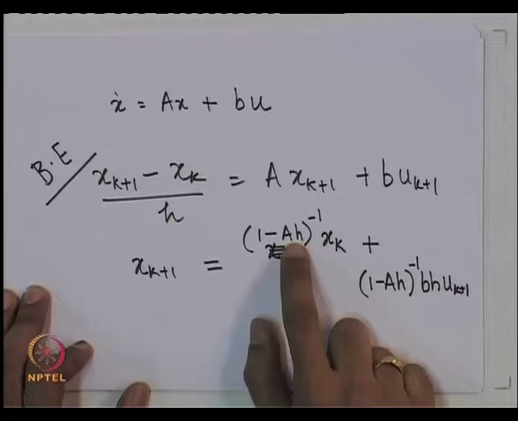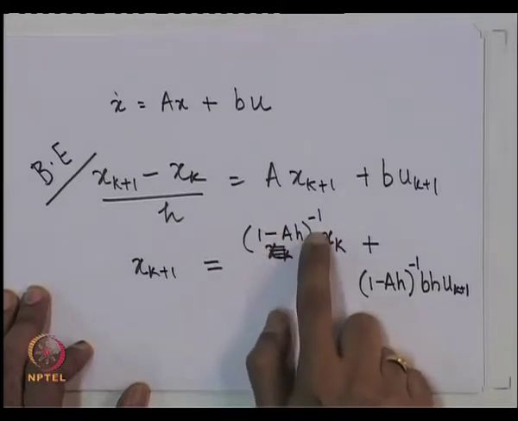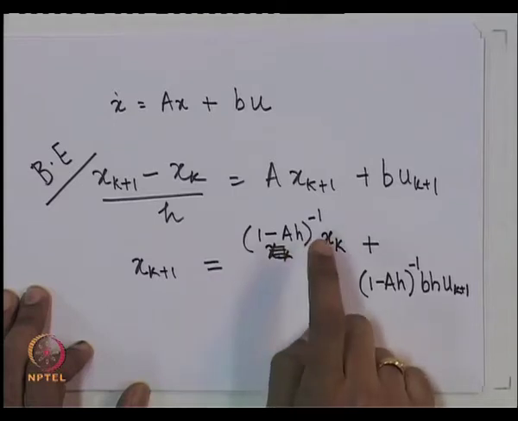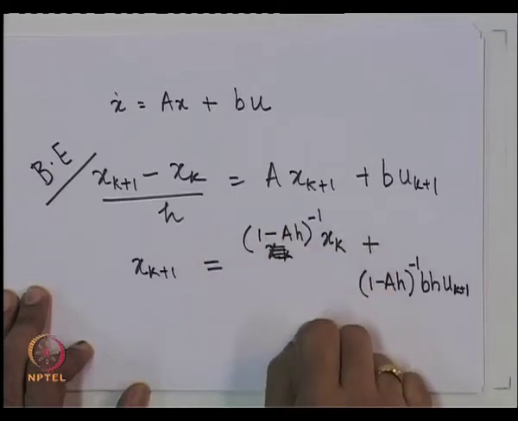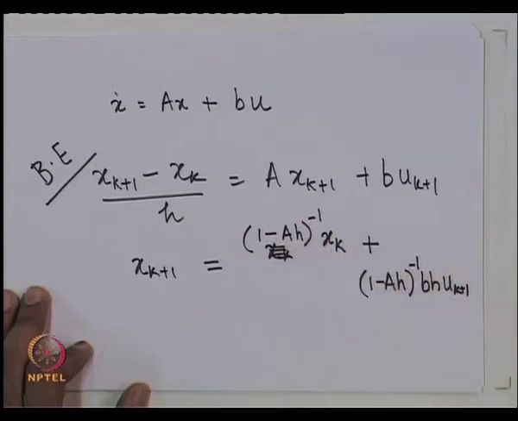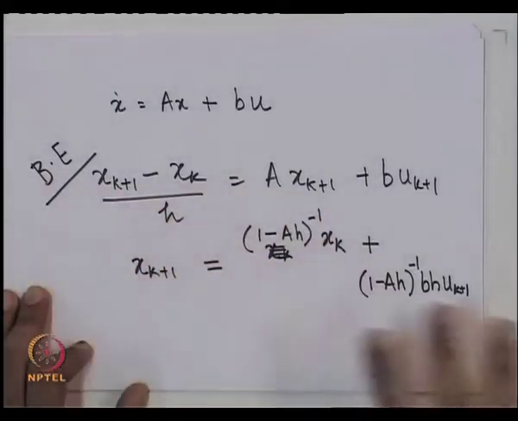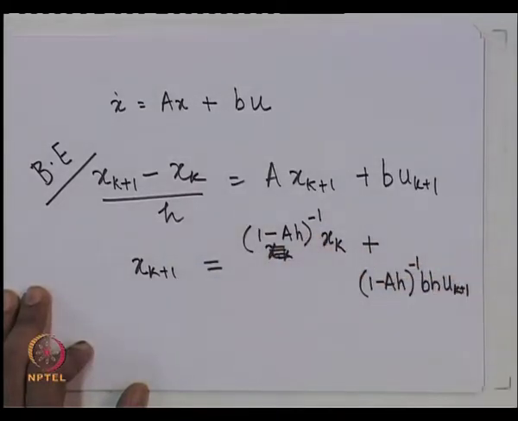Now, since (1 minus A h) inverse is appearing at every step, you can compute it once in your program and then simply do a matrix multiplication when you are running this algorithm to implement backward Euler method. So, you can actually take out the inverse and keep it beforehand and only perform matrix multiplications.